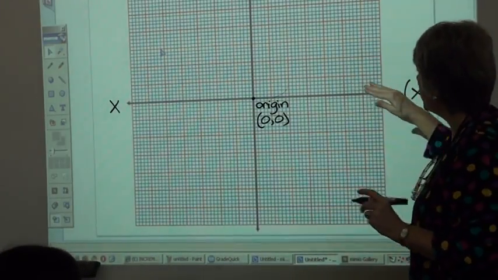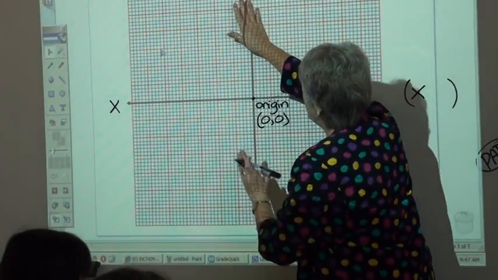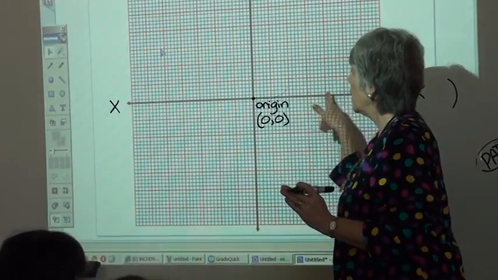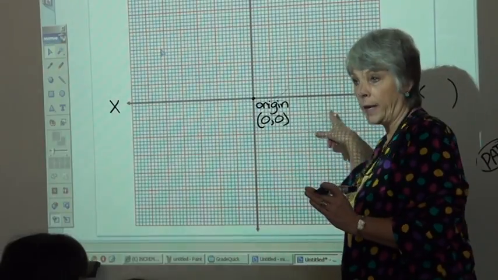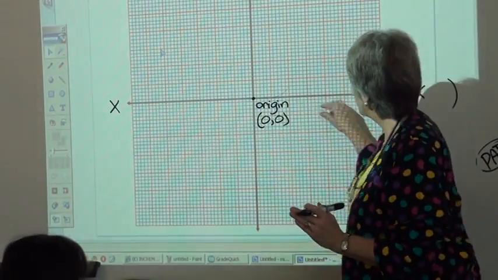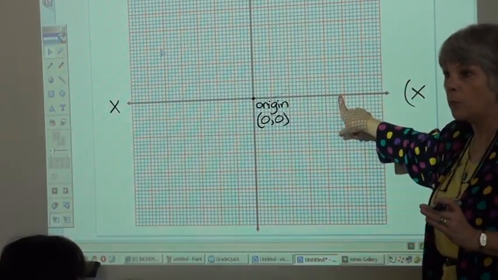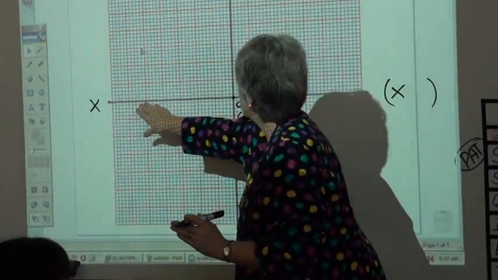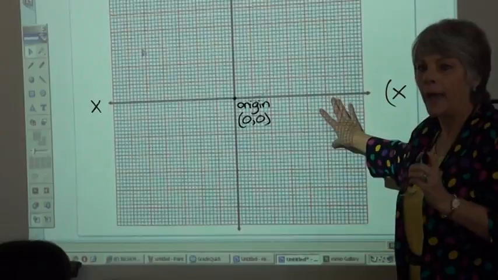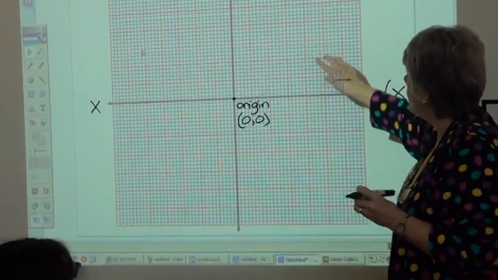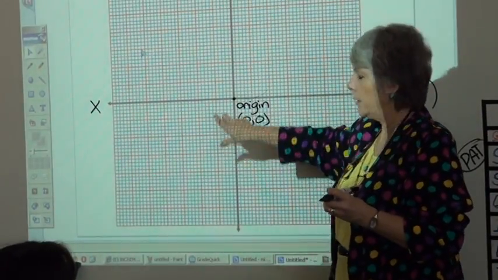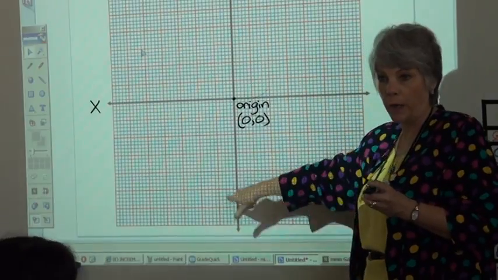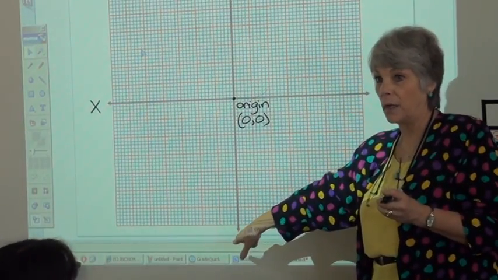The first coordinate, and that's what we call it, the coordinate inside the parentheses, is our x-coordinate. And the x-coordinate, again, pretend this one's not here, it's going to tell us left or right direction. So this is like the number line that we were working with last week, right? Do you remember? So this is the same thing as a number line. Now, let's bring the y back in. This one too is a number line. It's just a vertical number line.